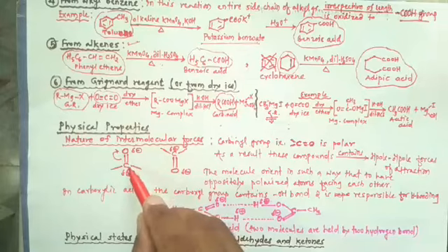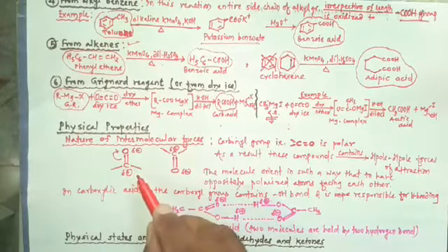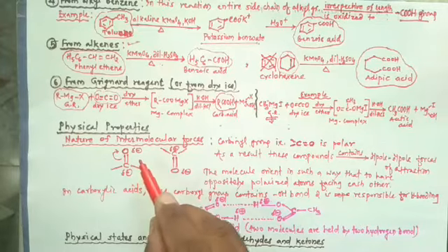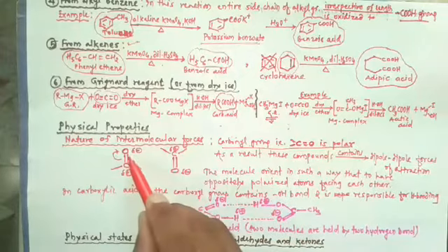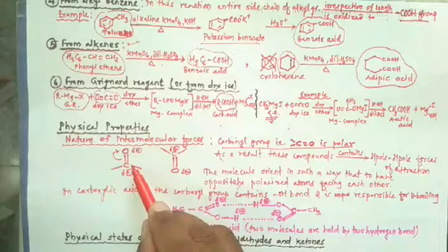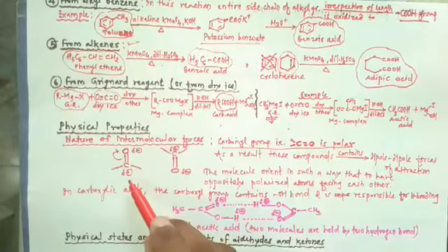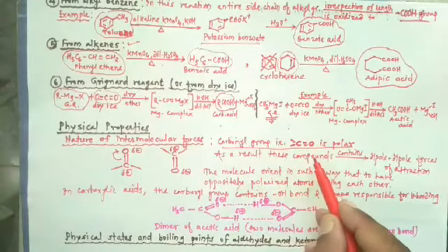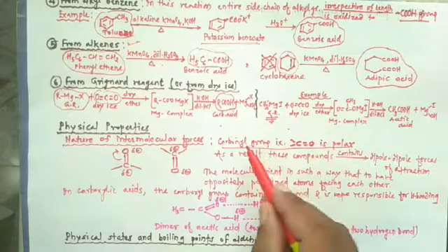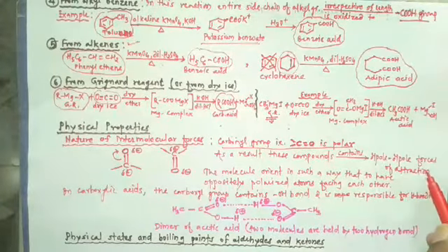And here the carbon gets a partial positive charge. Thus the carbonyl group is polar. Here the oxygen atom has a partial negative charge and carbon has a partial positive charge. So as a result, these carbonyl compounds contain dipole-dipole force of attraction.